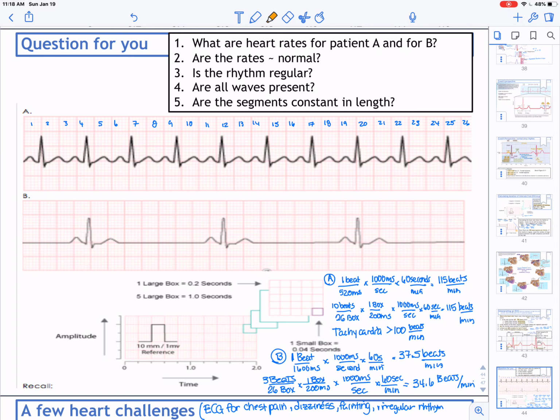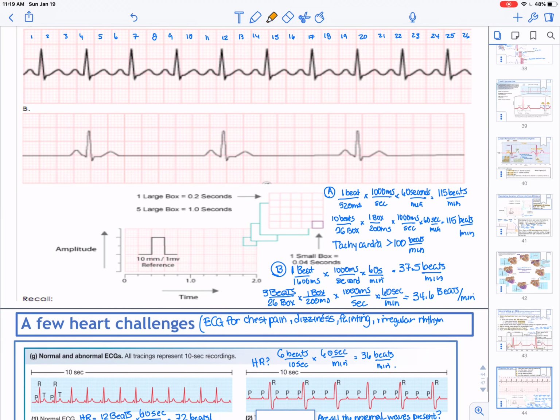Are the segments constant in length? And I think just from looking at the waves, you can say for both trace A and trace B, the rhythm is regular, all the waves are present, and the segments are constant in length for patient A and then also for patient B.